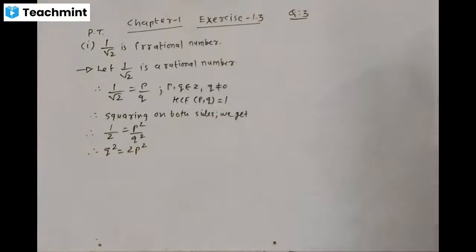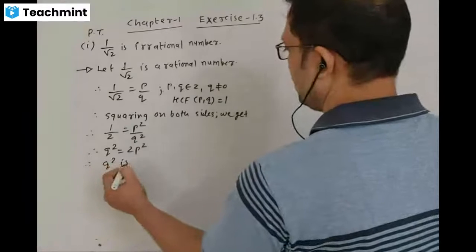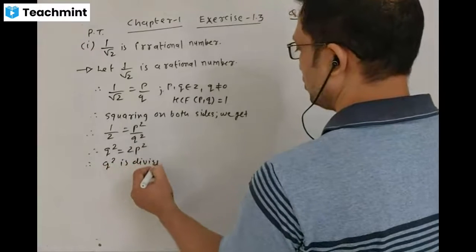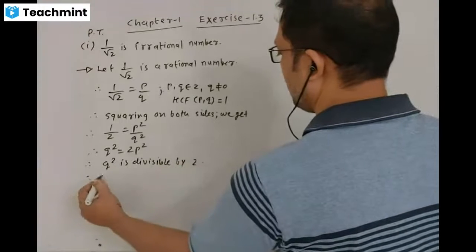If q square is equal to 2p square, then next step is, bolo, q square is equal to 2p square. Therefore, q square is divisible by 2.